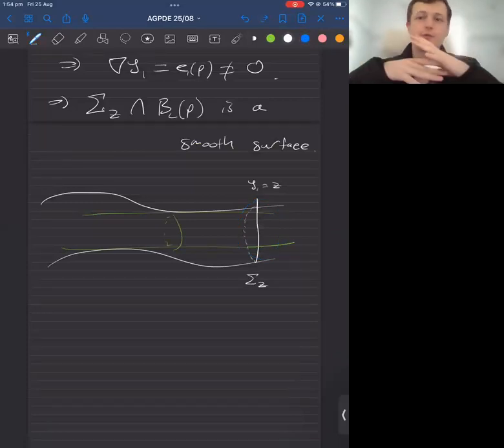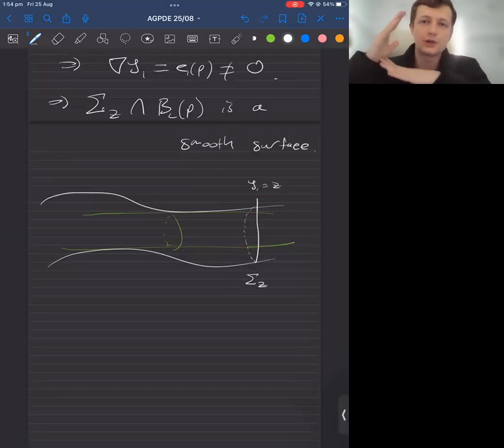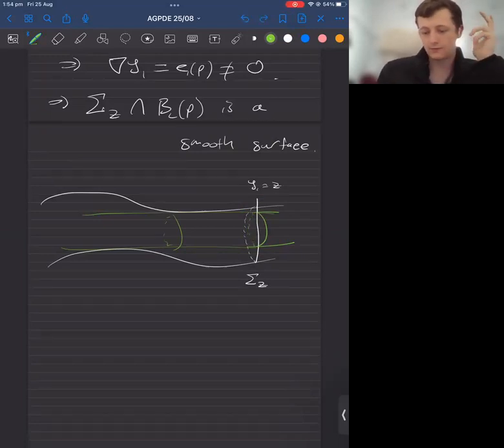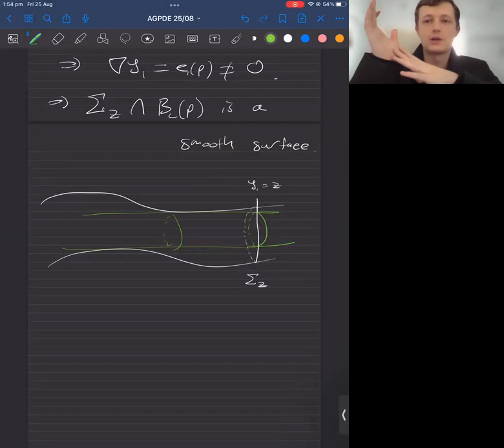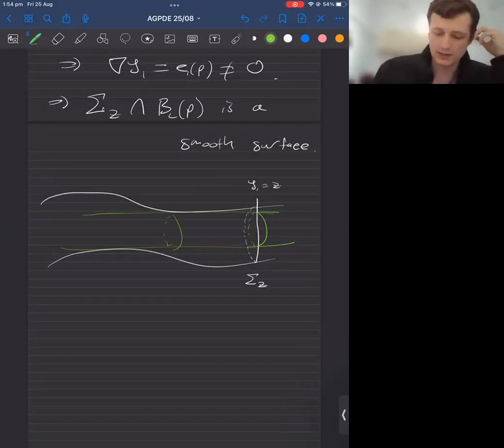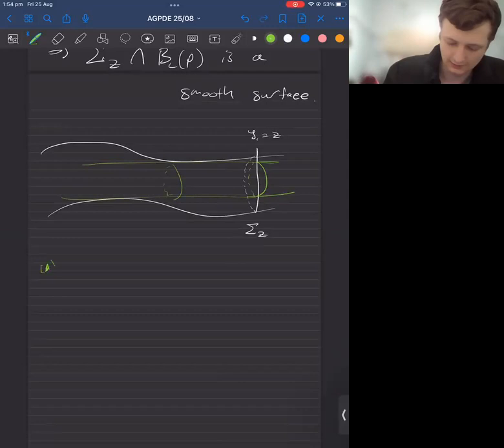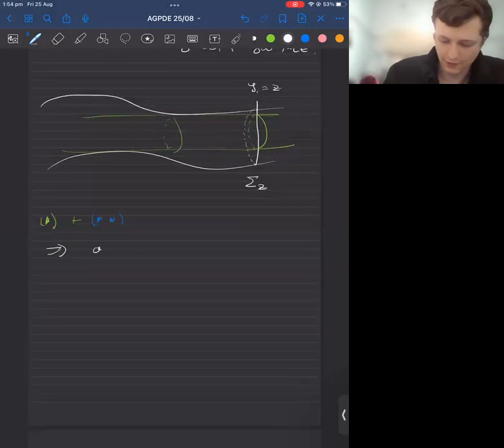I can build an orthonormal frame on sigma z that's very close to the corresponding frame on the cylinder, okay? And because that's already close to the other orthonormal frame on M, then I can say the following. So star plus star star will give us an orthonormal frame.